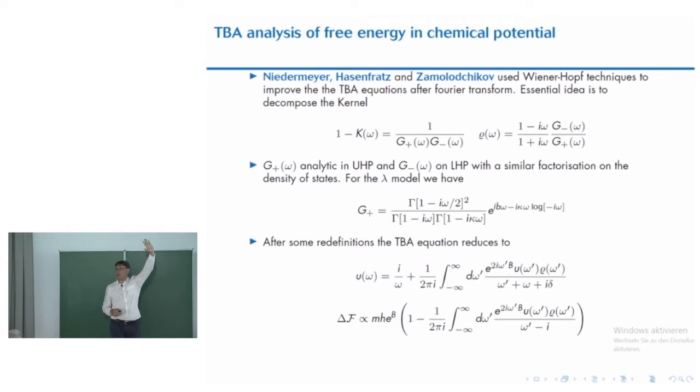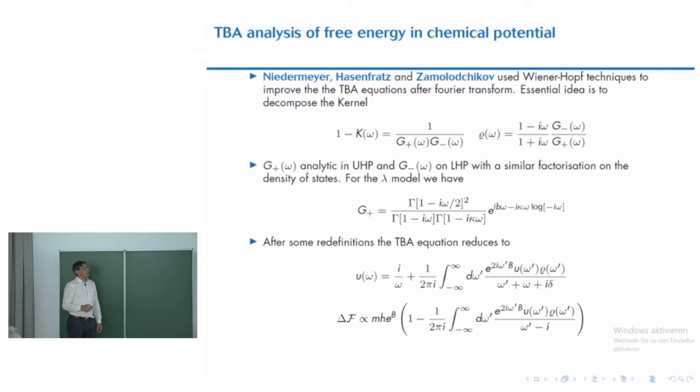G plus is analytic in the upper half plane, G minus analytic in the lower half plane. And in particular, we're going to use this combination, rho, which is the ratio of G minus and G plus. That's a particularly useful little combination that crops up.